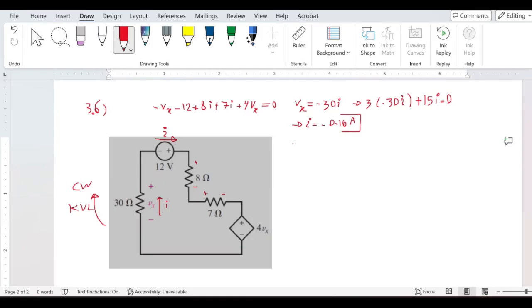And for the resistors, we can use the power equation as P equals to R times I squared.